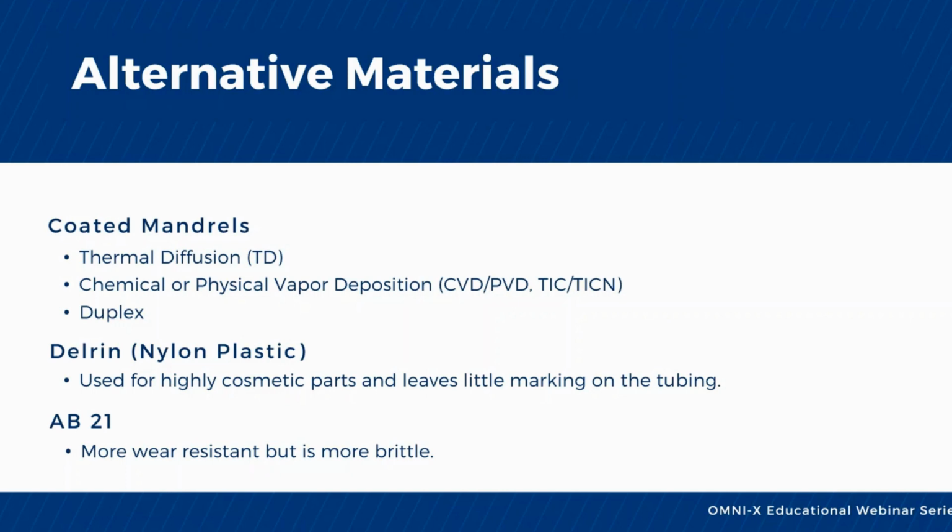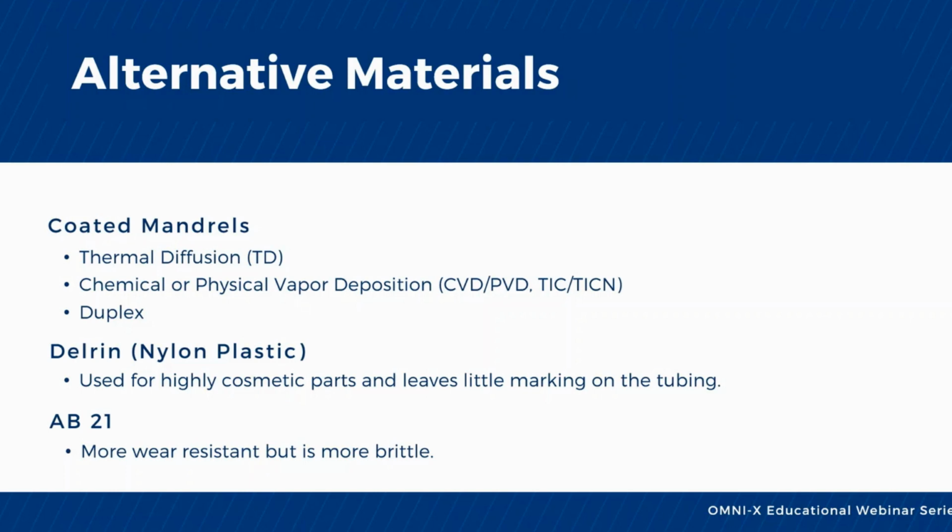Coated mandrels also require a substrate tool steel that is specific to the coating. Thermal diffusion, TD coating, is the hardest and most durable of the coatings available, although it isn't a true coating in the sense that it is diffusing carbon into the face of the part to create a super hard carbide layer. This has no bond strength issues like other traditional coatings can have.